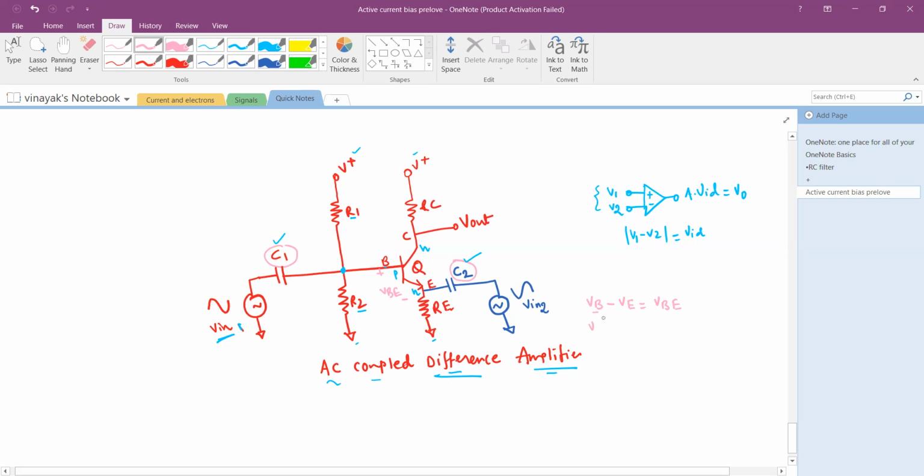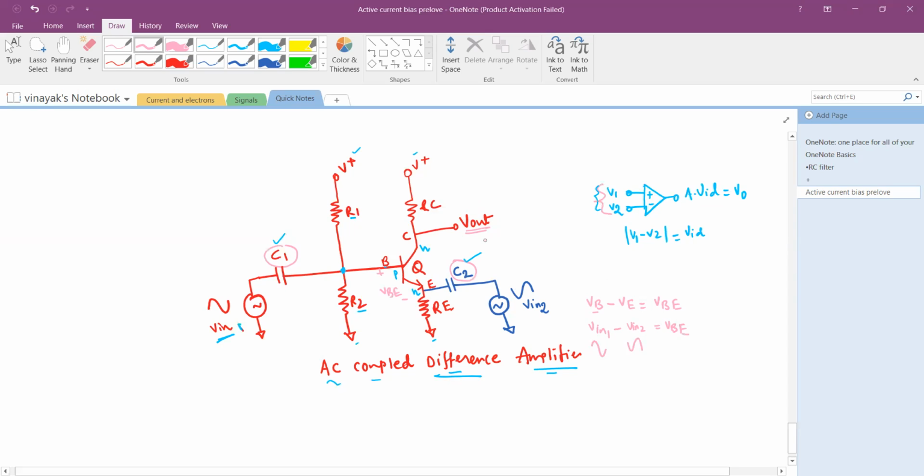So at VB, I have V in 1, which is varying from positive to negative, and at VE, I have V in 2, which is varying from negative to positive. That's my applied signal as a difference signal, as you can see right here. And the transistor's job is to amplify those signals with the gain.